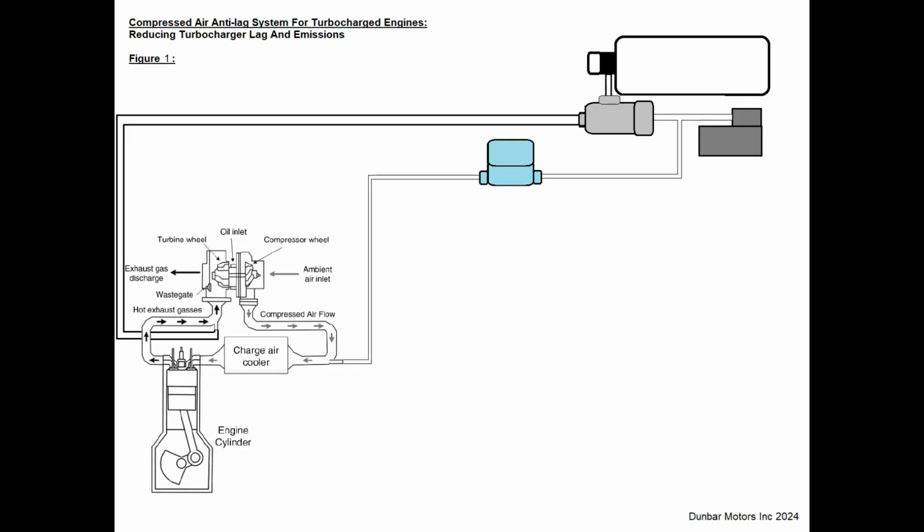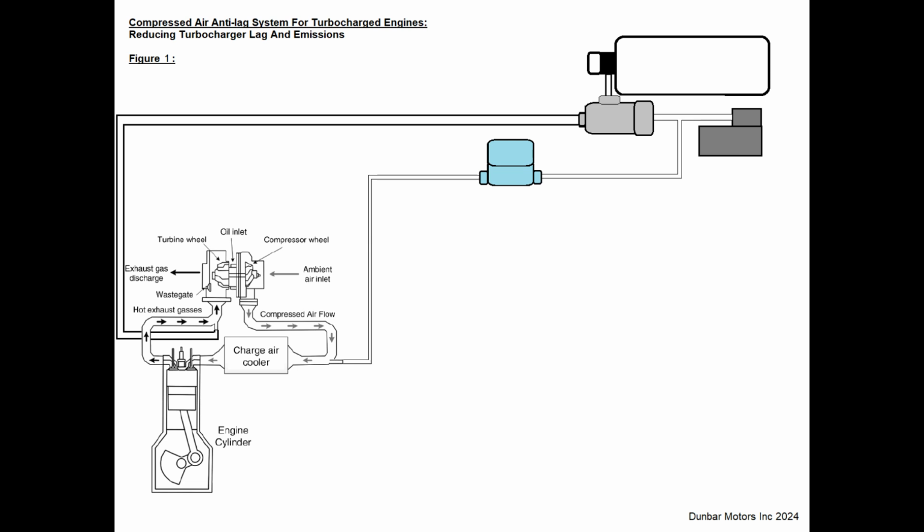Okay. There are two kinds of anti-lag systems that involve sending unburnt fuel with various sources of air into the exhaust manifold, causing an explosion in order to spin the turbo faster. There's also a rocket anti-lag, but all three of these burn extra fuel and produce drastically more emissions than a turbocharged engine would alone.